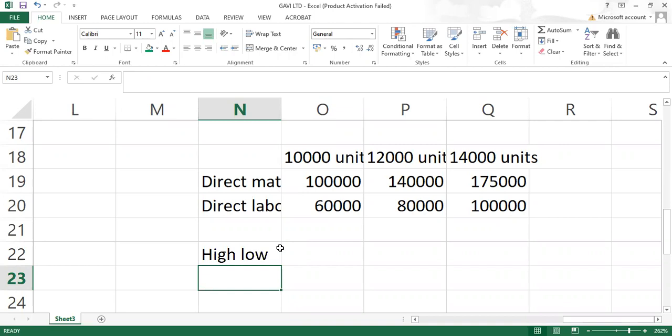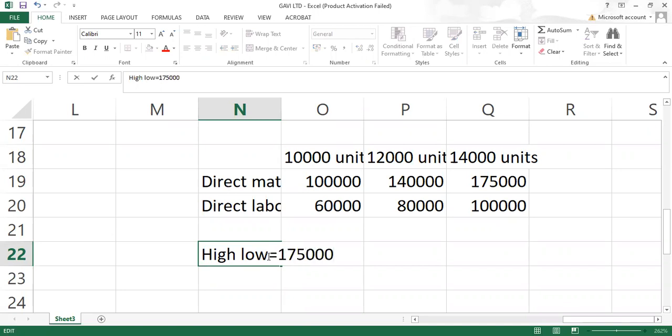What is the cost for the highest activity level here for material? 14,000 units. What is the cost for the highest activity level? 175,000. So we take the 175,000 minus the cost for the lowest activity level for material. That's 100,000. 100,000 divided by the highest activity level minus the lowest activity level.